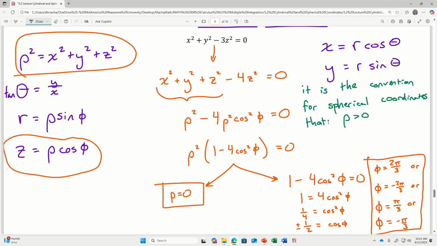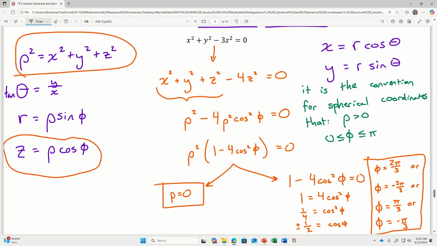I mean, in theory, you could say rho is negative and then point in the opposite direction, right? But just conventionally, people like to write the spherical coordinates so that rho is always a positive number. And for phi, we like to keep phi between 0 and pi.